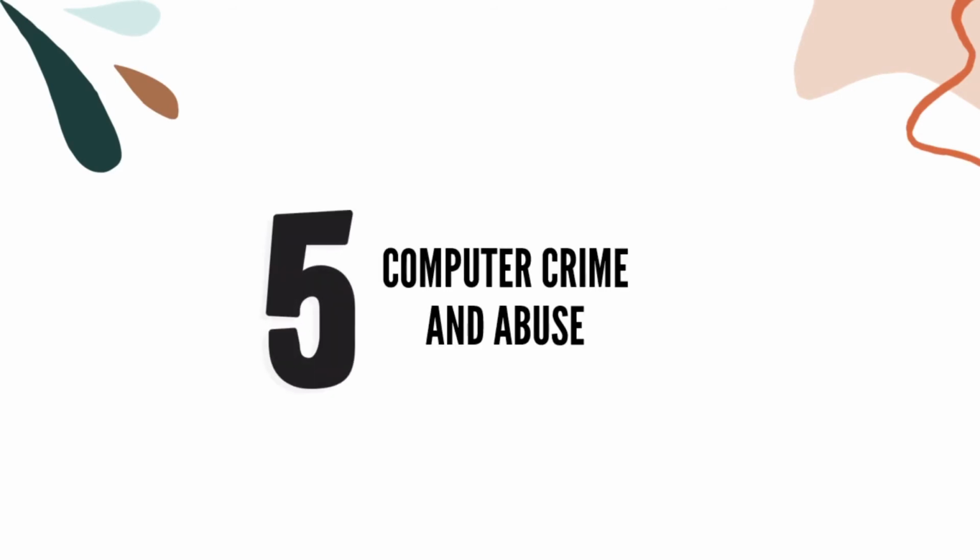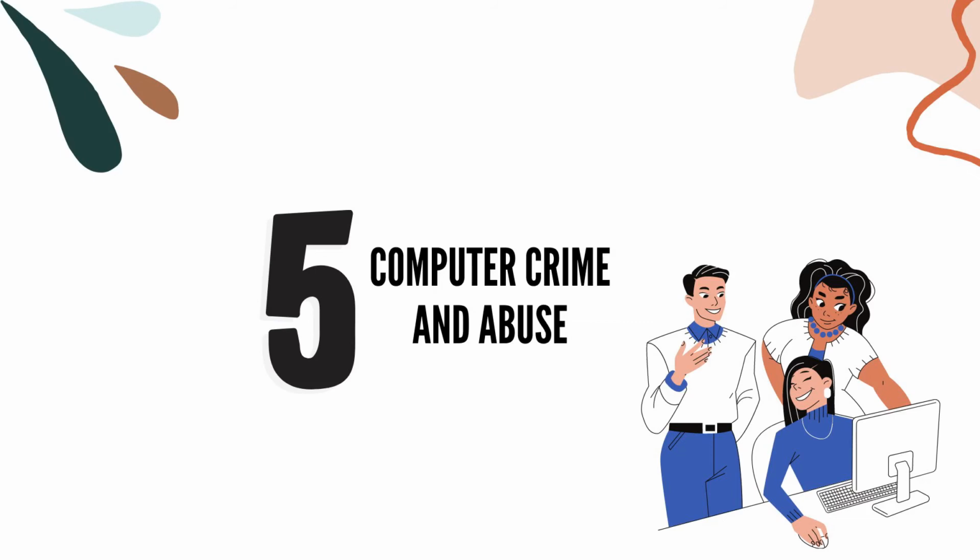Let's move on to number five, computer crime and abuse. New technologies can create new opportunities for committing crime, by creating new valuable items to steal, new ways to steal them, and new ways to harm others. Computer crime and computer abuse are two different things.